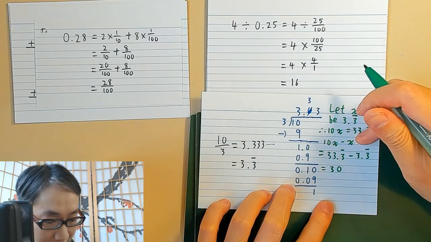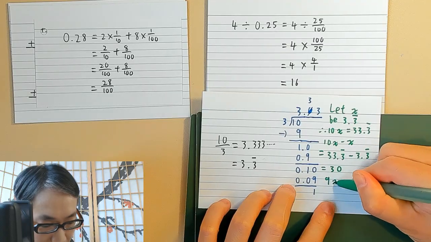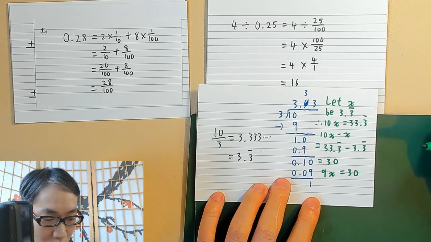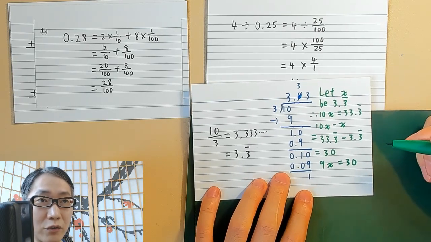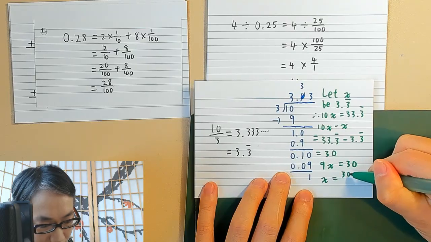And 10x minus x is 9x. So we have 9x equals 30, which means x is equal to 30 over 9.